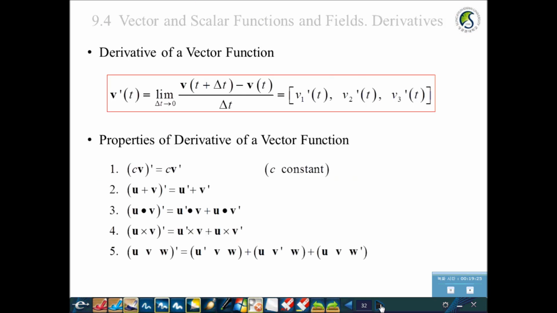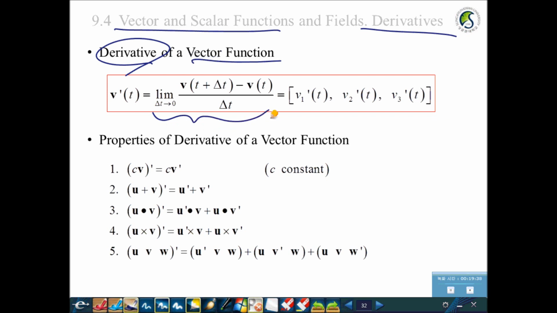Okay, so now we understand what vector functions are, and we are ready to define the derivative of that function. Since it's a function, we can find derivatives. This is quite the usual definition for the derivative with the variable t, without proof; we just take it. So the derivative of a vector is the derivative of each component.